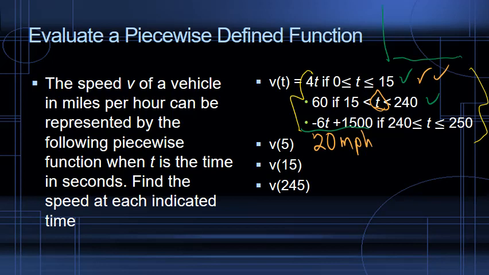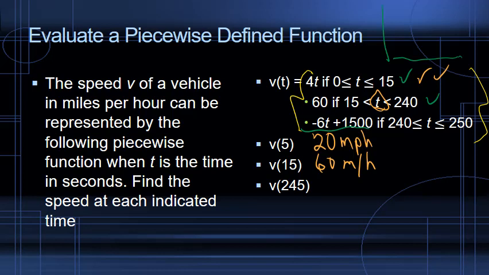Well, 4 times 15 is 60 miles per hour. And if it was 16 seconds, it would also be 60, because that would be greater than 15 but less than 240. And then lastly, after 245 seconds, what is our speed?